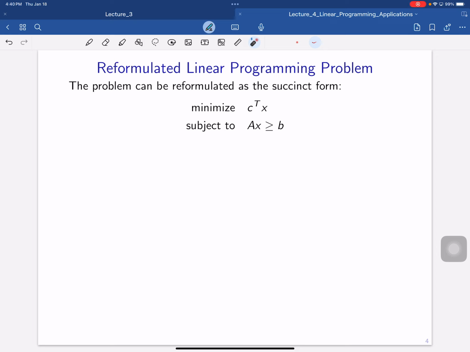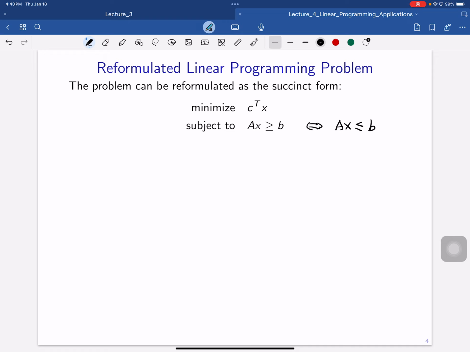Then all the constraints can be written as Ax greater than or equal to b. Of course, these two are equivalent: Ax less than or equal to b is equivalent to Ax greater than or equal to b, since you just multiply by -1 on both sides. Then you get this generic form.